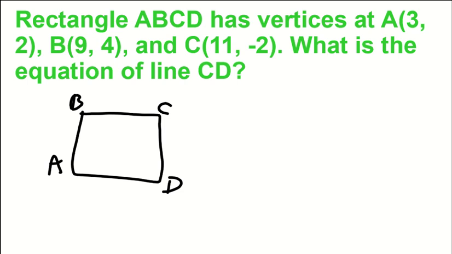All right, so from A to B, let's find the slope. I'm just going to go around, show you how this works. With the slope from A to B, my change in Y is going up 2. My change in X is going up 6. All right, everybody okay with that part?